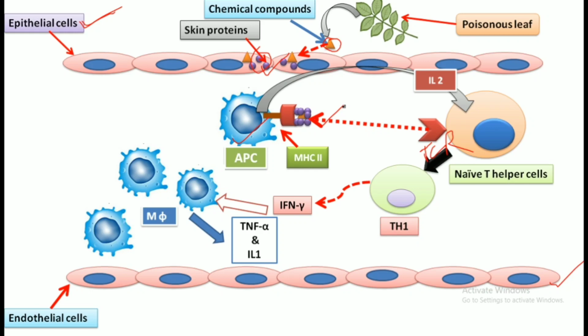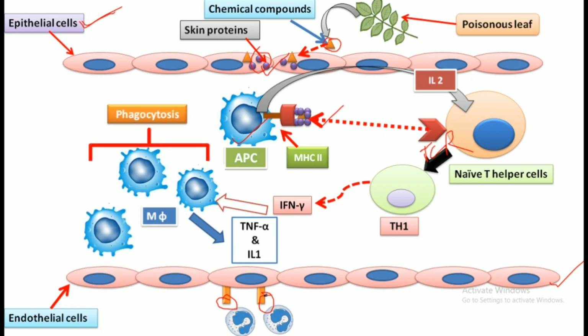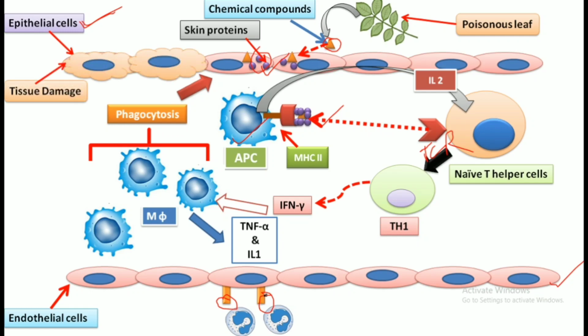These are other types of cytokines which cause expression of receptors on the endothelial cells, which recruit more leukocytes into that area. This activates the macrophages, which perform phagocytosis, and toxic lysosomal enzymes cause tissue damage.